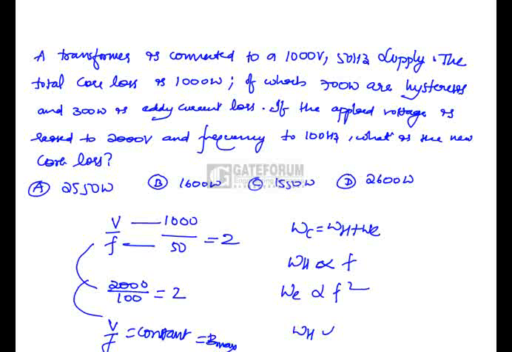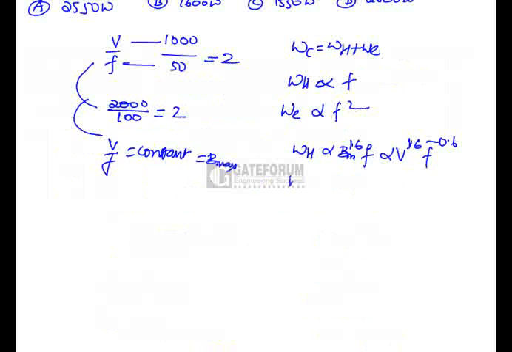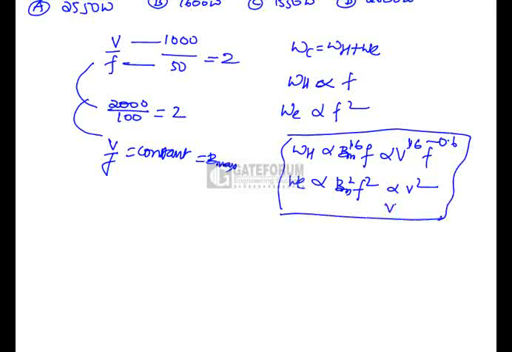Generally, hysteresis loss is directly proportional to Bmax^1.6 times F. If V by F is not constant, it is proportional to V^1.6 F^-0.6. Similarly, eddy current loss is proportional to Bm squared times F squared, and when V by F is not constant, it is proportional to V squared. We should not use these formulas since they are valid for V by F not constant, so we have to use only the earlier ones, where V by F is constant.